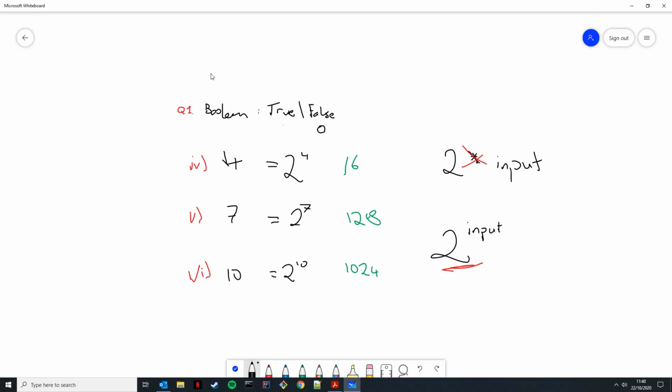If you're dealing with a ternary operator, where you can have 3 options, you can have true, false, and let's say a maybe, could be true or false. Then you would have 3 options, so it would be 3 to the power of number of inputs. But for now, let's focus on the Booleans. And that is our answer for question 1.